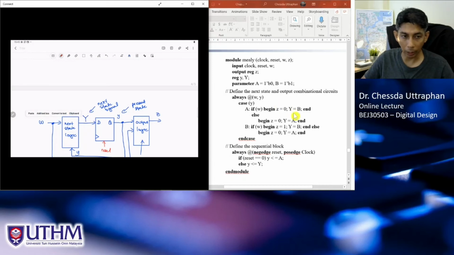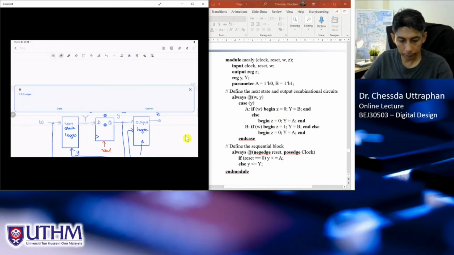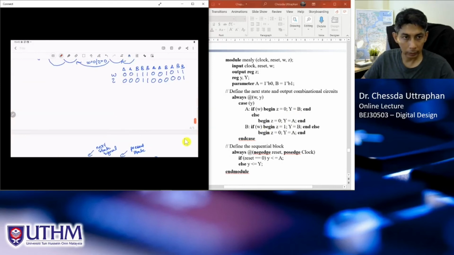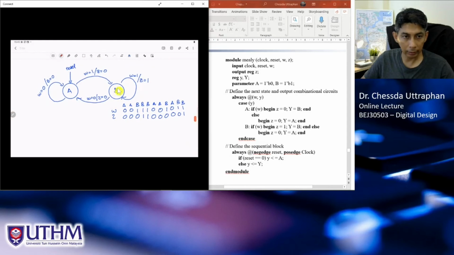The next state, capital Y, should be B. Capital Y should be B. And finish. Done. If we are at A, if W equal to 1, so we should go here.